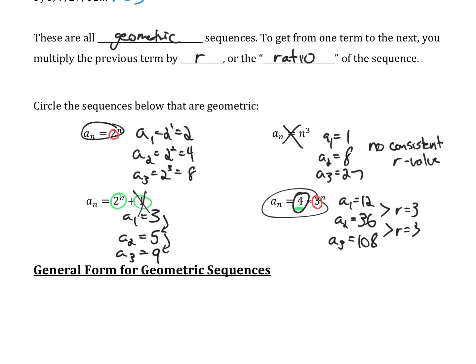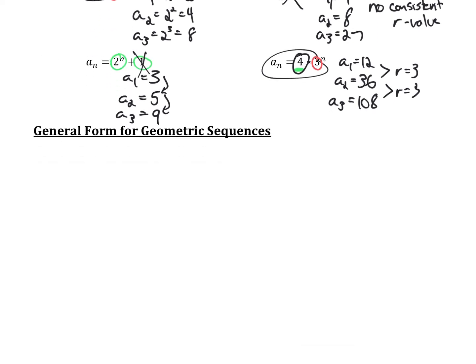All right, so that's kind of our introduction to geometric sequences. There is a general formula we can use, an explicit general formula, and it's pretty similar to arithmetic, which could be a good thing or a bad thing, depending on how you look at it. To find any term in a geometric sequence, we're just going to say a sub n, which represents any term in the sequence, is going to be equal to a sub k, which just represents a value in the sequence.